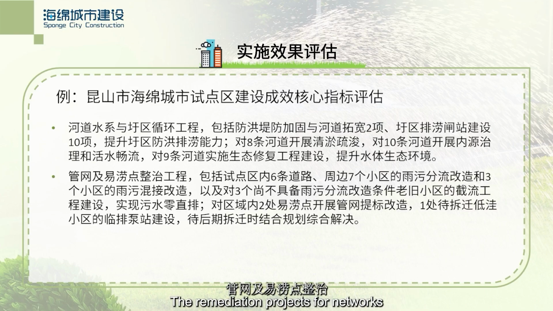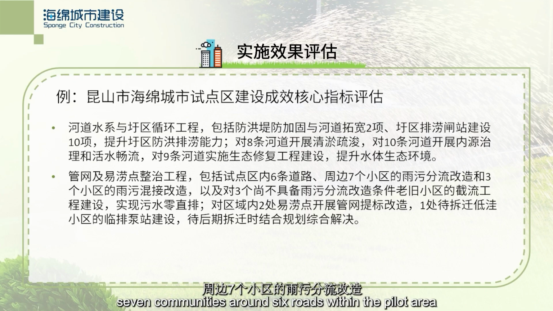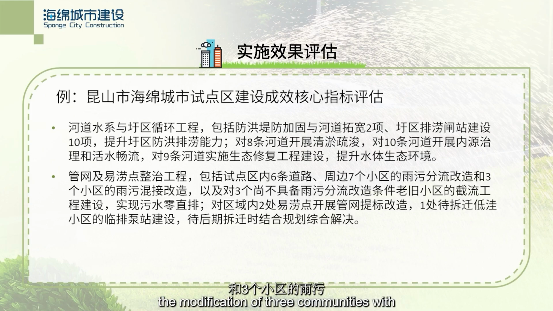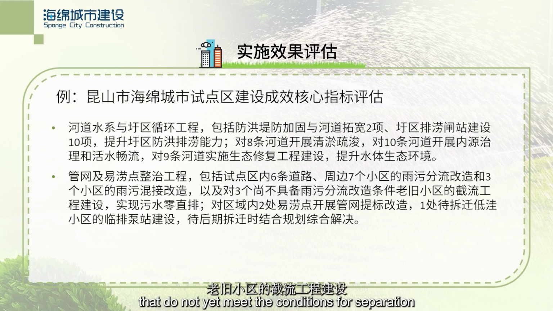The remediation projects for networks and flood-prone points include the separation of rainwater and sewage for 7 communities around 6 roads within the pilot area, the modification of 3 communities with mixed rainwater and sewage connections, and the construction of intersection projects for 3 old communities that do not yet meet the conditions for separation, achieving zero direct discharge of sewage.